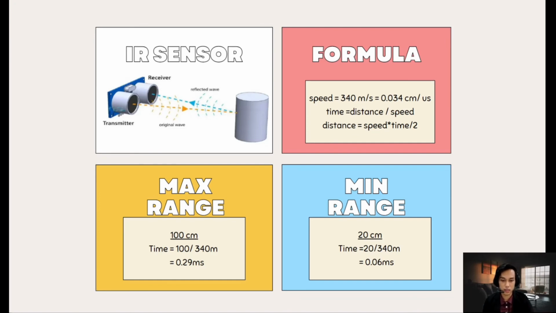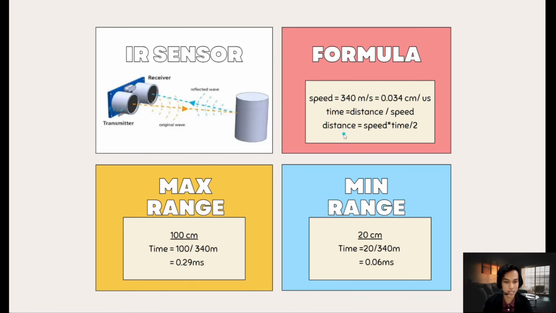This is the formula. Speed equals 340 meters per second, equals 0.034 centimeters per microsecond. To get the time, we divide the distance the sensor detects by the speed.